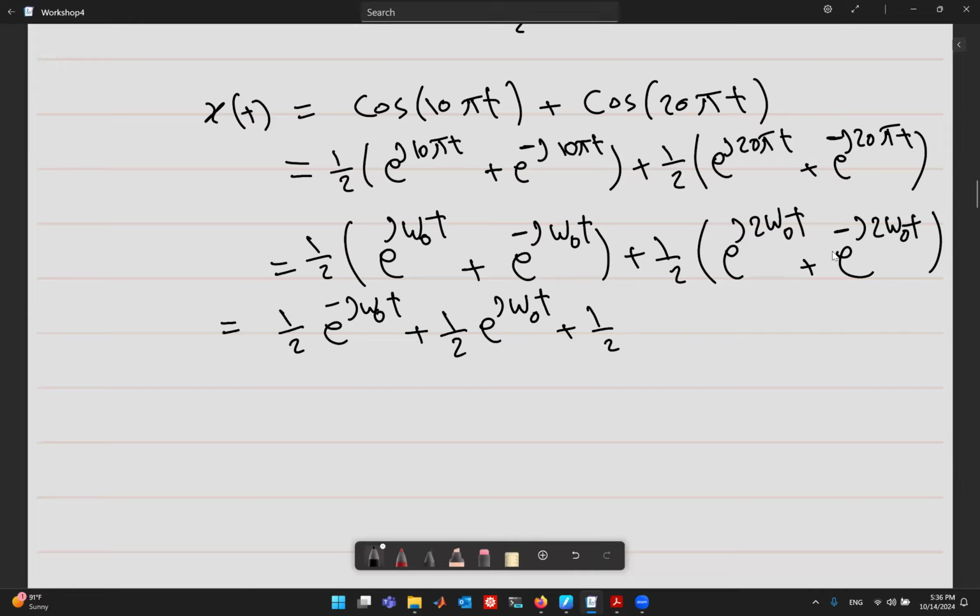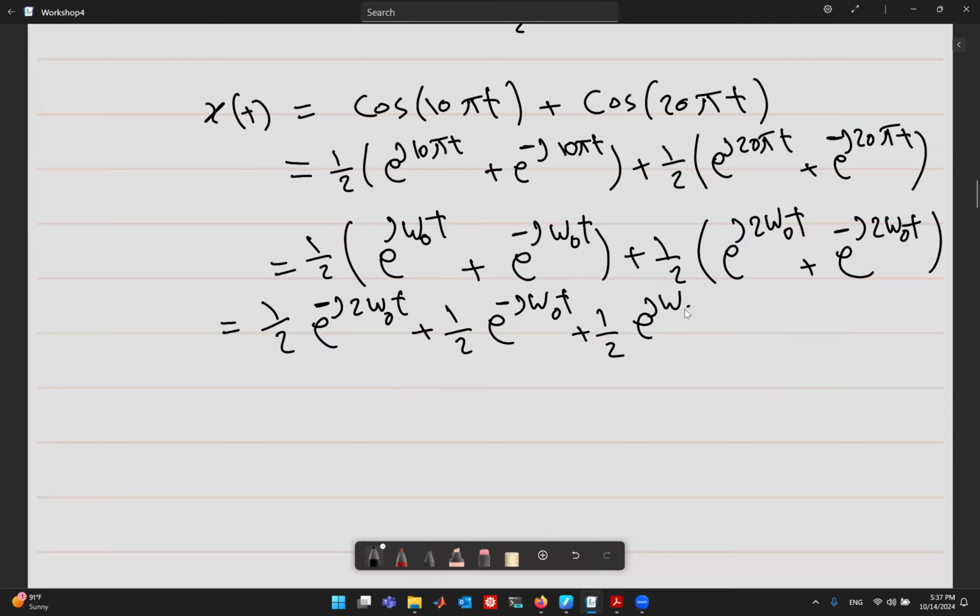I start with the term with minus 2, so 1/2 exponential minus j 2 omega naught t, plus 1/2 exponential minus j omega naught t, plus 1/2 exponential j omega naught t, plus 1/2 exponential j 2 omega naught t.